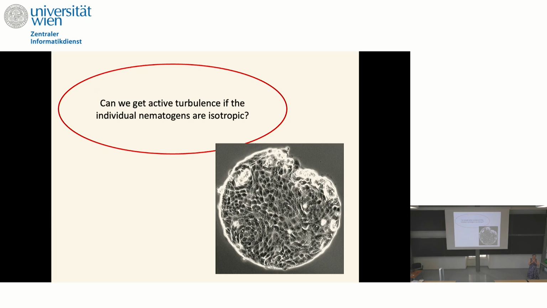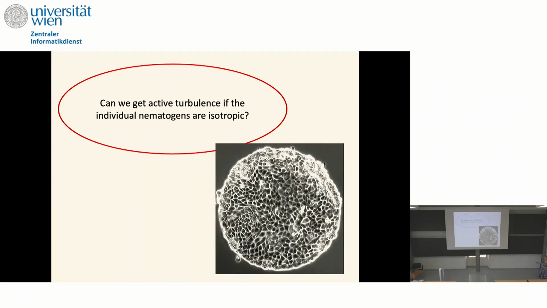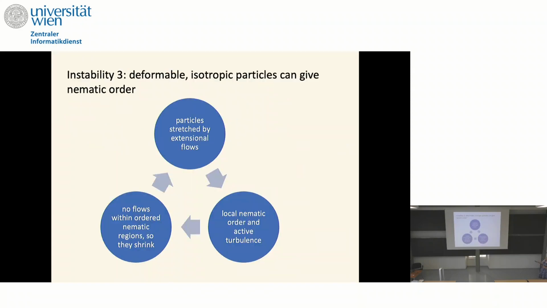So why on earth am I talking about active turbulence when I'm starting with circular particles? Why can they be nematic? And the answer is, again, you get another instability, which basically takes these squishy particles and elongates them. Let's have a picture here.